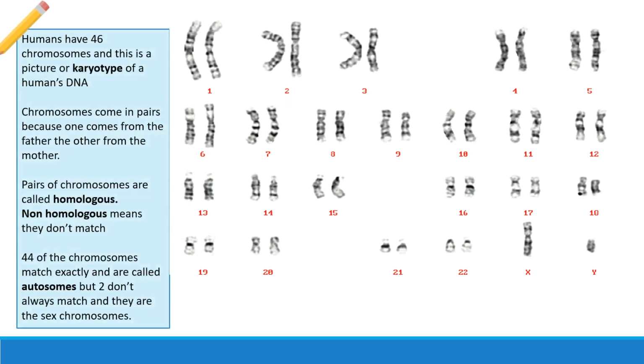Humans have 46 chromosomes, and this picture is known as a karyotype of a human's DNA. So we refer to this, a new word here, karyotype. This here would be a karyotype. You might want to get your genome karyotyped, which means you want to find out what your DNA looks like when it's done like this.